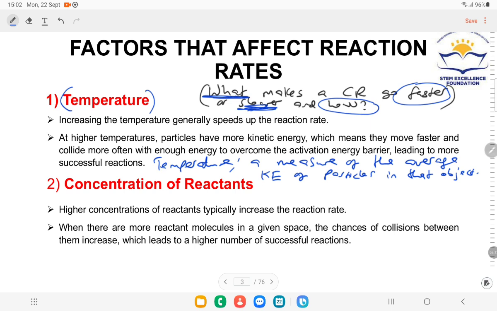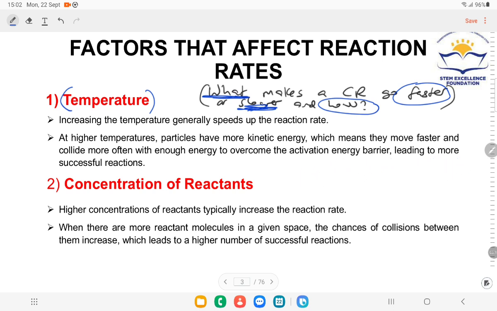And so basically, for a chemical reaction to happen, particles must collide.